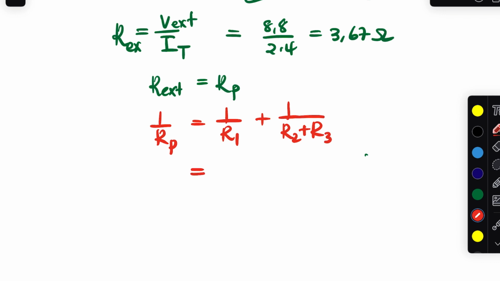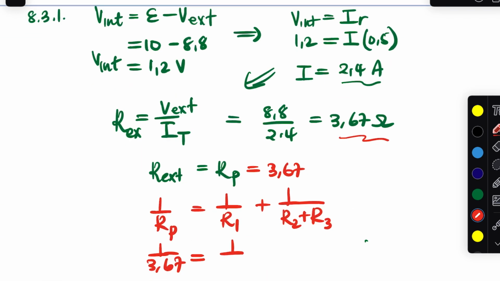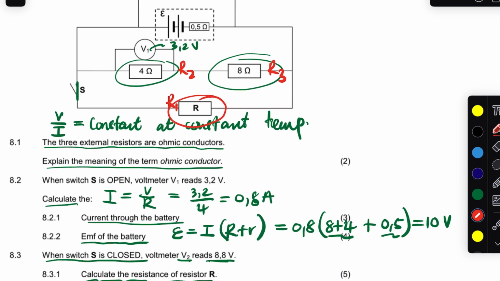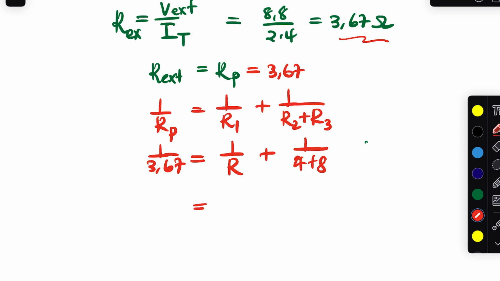So the R parallel is 3.67, and 1 over R1 is the unknown, I'll just put R, and then 1 over R2 is 4, and R3 is 8. 4 plus 8 is 12, so it's 1 over R plus 1 over 12, equal to 1 over 3.67.